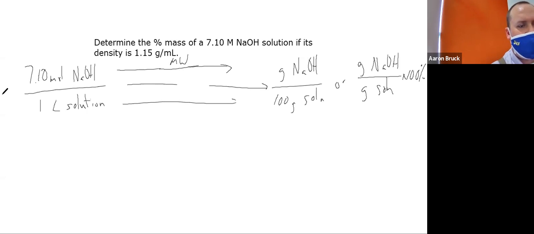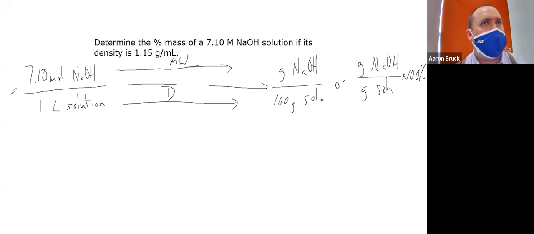We're going to use density to go from liters of solution to grams of solution. And again, how we get there really doesn't matter. We can break it apart and put it back together if that's the way we want to go, or we can do what we did the last time and string it together in a long series and see where that takes us.